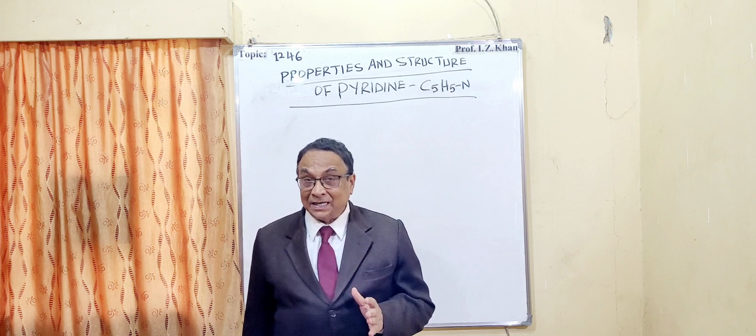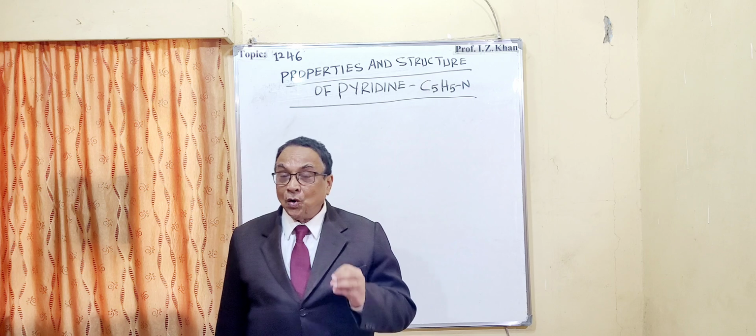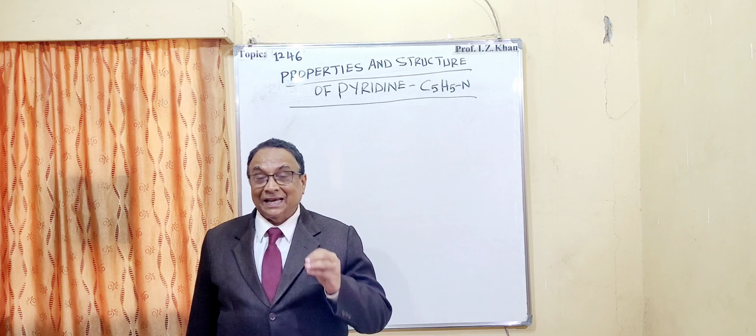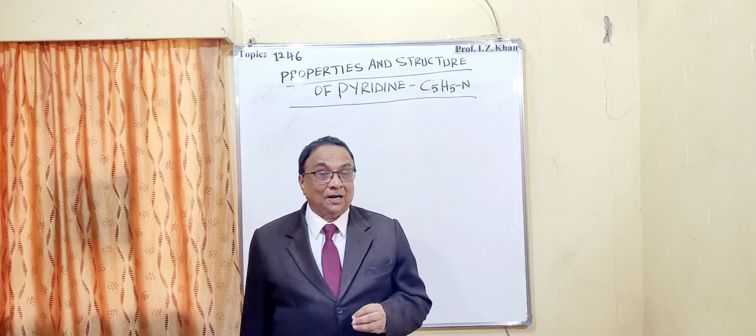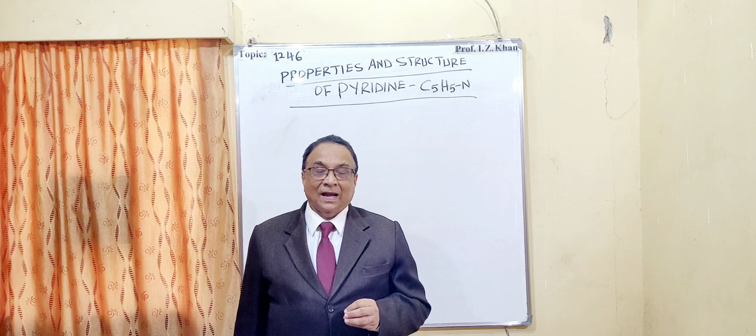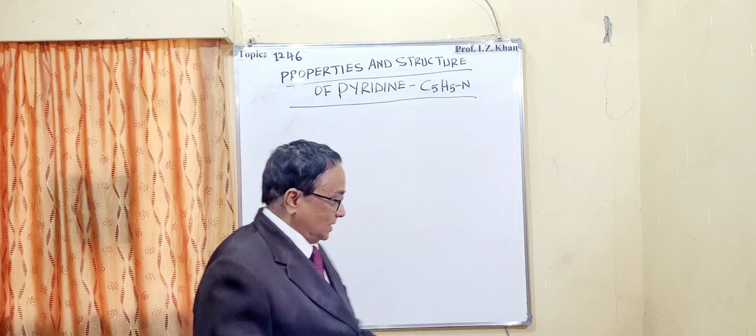So here we have to understand the role of the electron pair in the p orbital of nitrogen. Let me show you the condition.